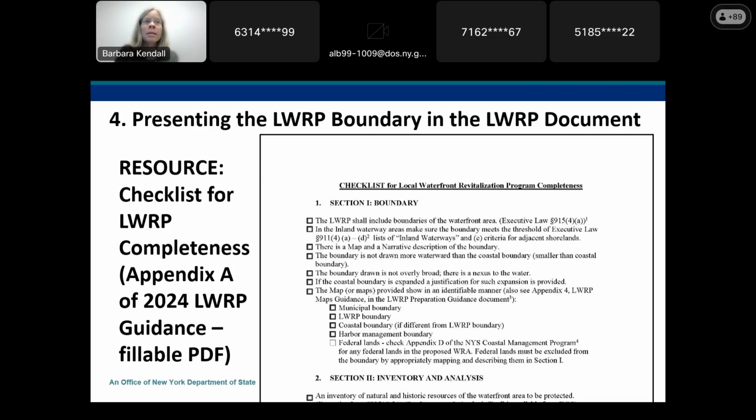Then it has a list of the Article 42 requirements that our attorneys will look for when they're reviewing the LWRP. So we recommend you take a look at this checklist before you even start, look all the way through it, and start thinking about those requirements at the end, the Article 42 requirements that will be looked at when the LWRP is reviewed, as you go along in developing the LWRP.